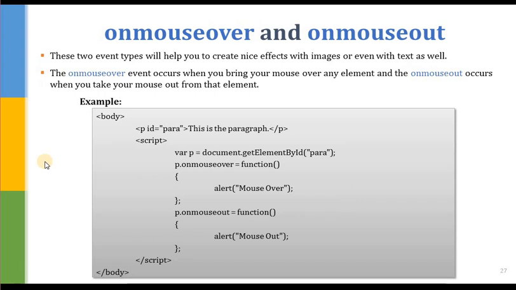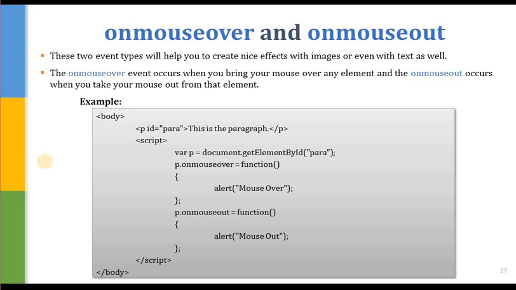Now let's see onmouseover and onmouseout events. These two event types will help you to create nice effects with images or even with text. The onmouseover event occurs when you bring your mouse over any element, and the onmouseout occurs when you take your mouse from that particular element.